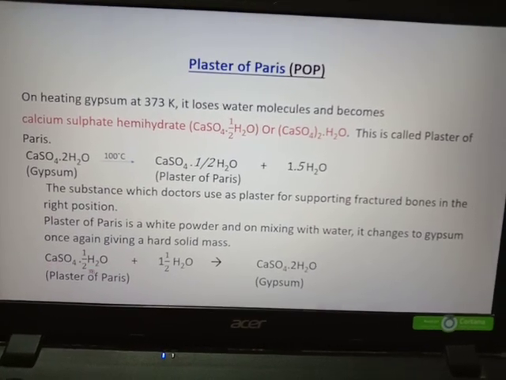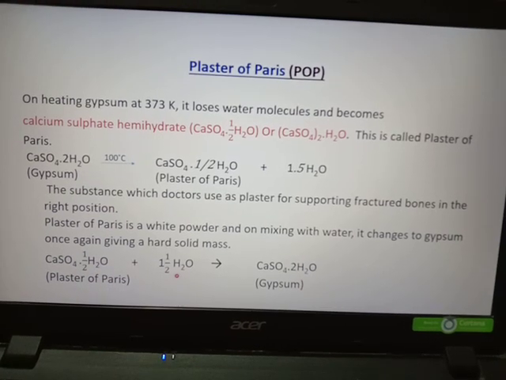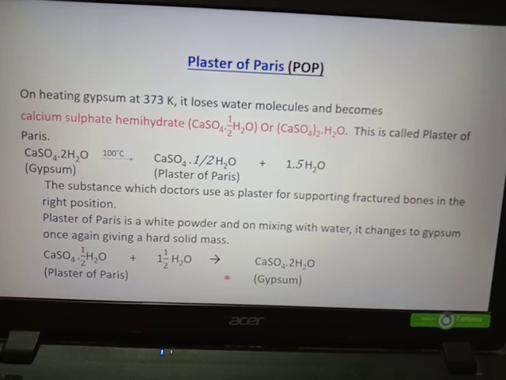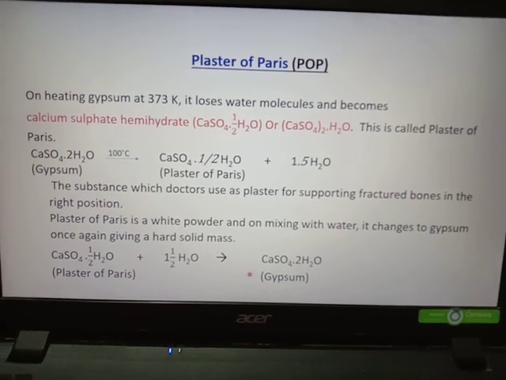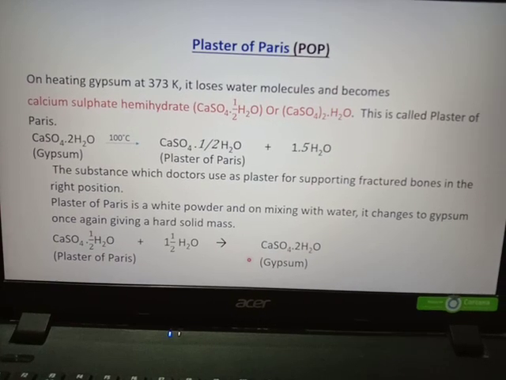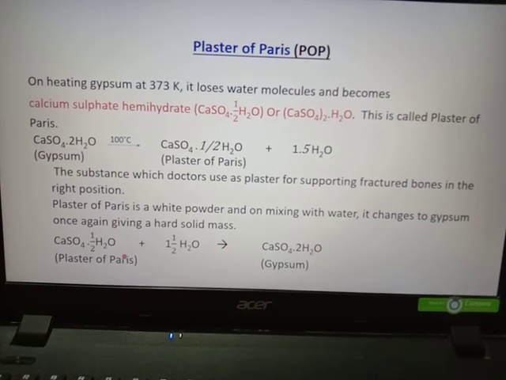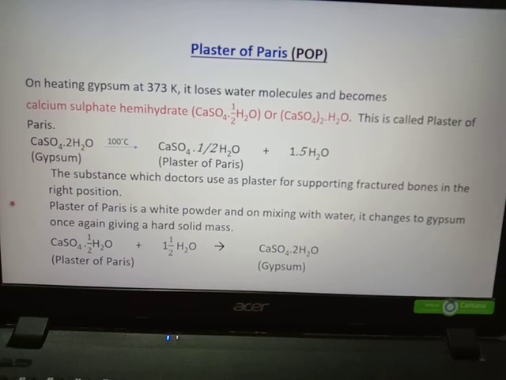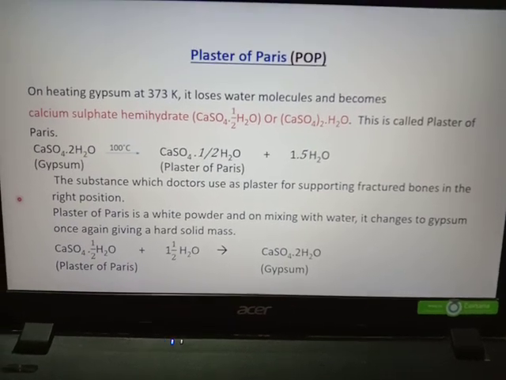Children, when we are taking POP or plaster of Paris and we are adding water into it, it is turning up into a hard mass, and this hard mass is gypsum only. Gypsum is obtained when plaster of Paris is added with water.